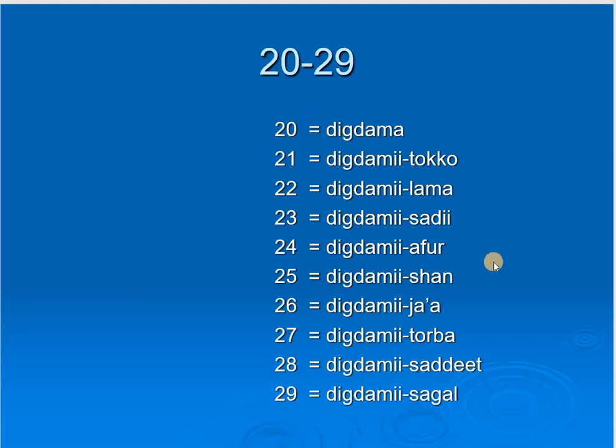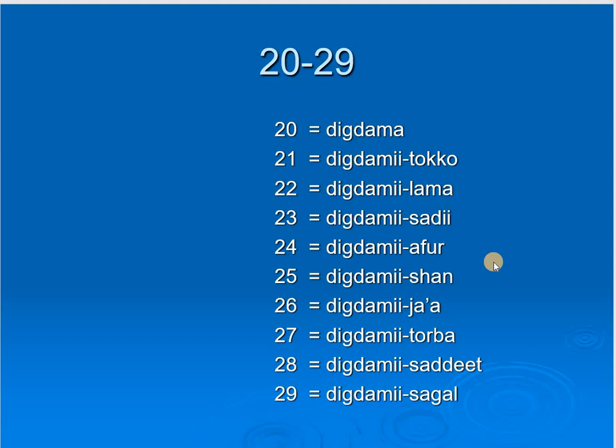So here are the next numbers: digdama. Now digdama doesn't really sound like 2 like in English. We call it digdama, digdami tokko, digdami lama. After that, we just add the numbers onto digdama.